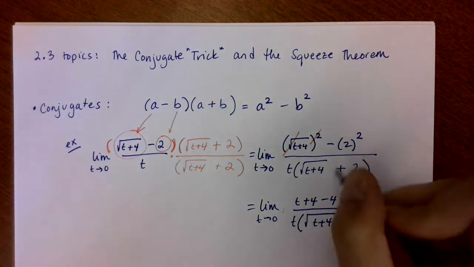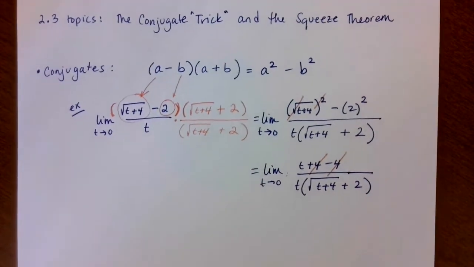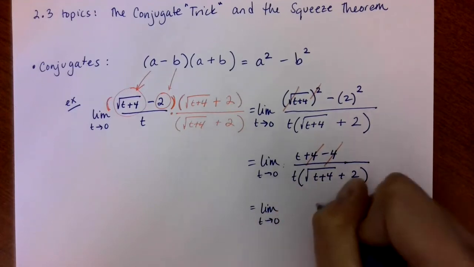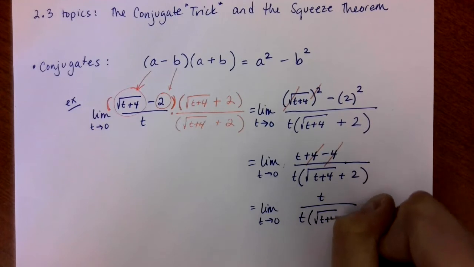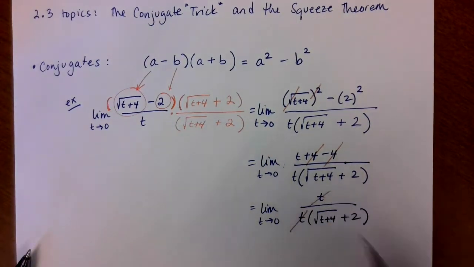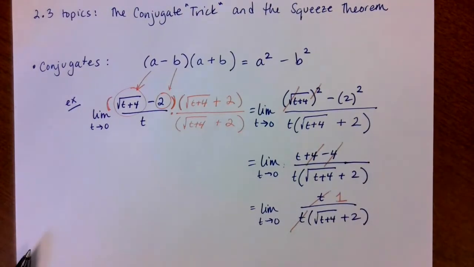You have plus 4 minus 4 up top. They cancel each other out, so you have just this t left over. Let me rewrite it one more time just to be clear. This t in the numerator is going to cancel with the t in the denominator. It feels like there's nothing left on top, which means there's actually a 1 just on its own. So we have 1 over all this stuff.